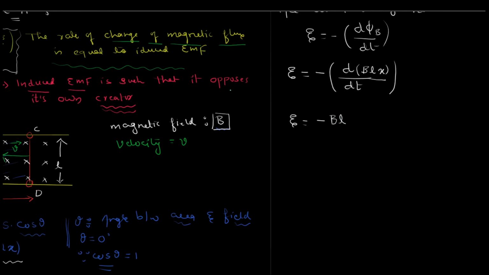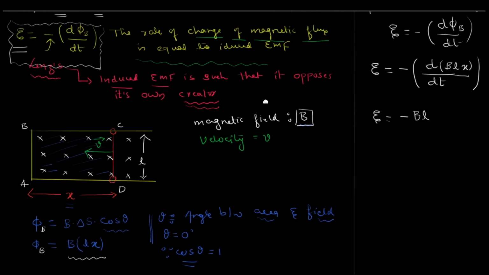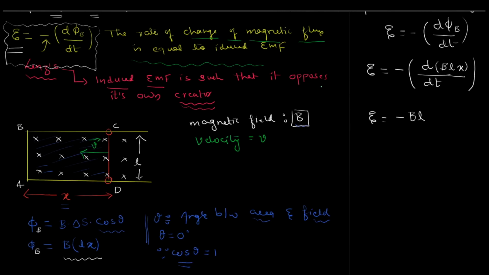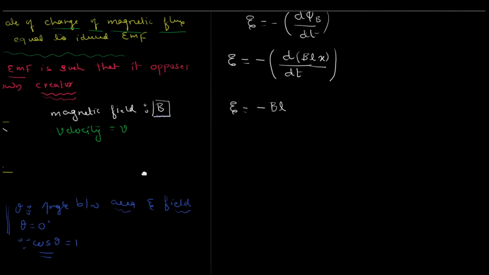And the third term, that is x. Only B, L and x are the three terms that you have to differentiate, right? So is the third term, x, changing with time? I think so. Look, the rod is sliding with some velocity towards left. As the rod slides towards left, I'm thinking the value of x is going to reduce as time passes, because x is the distance from A to D or from B to C. That is definitely going to decrease, right?